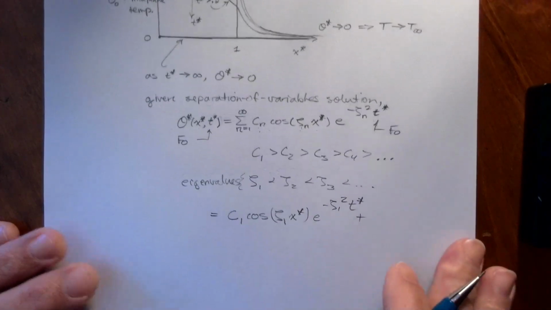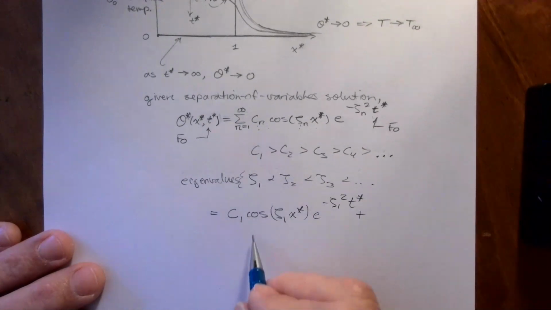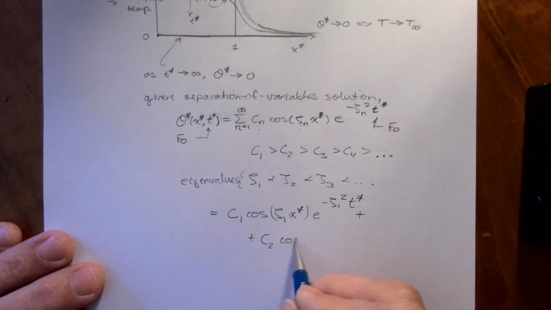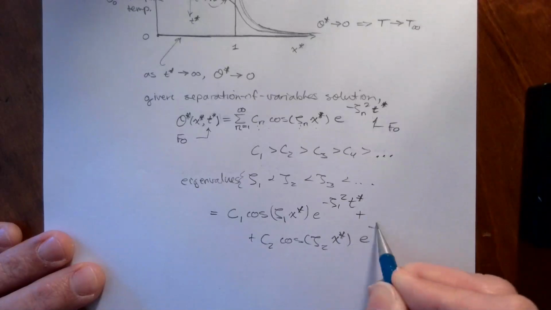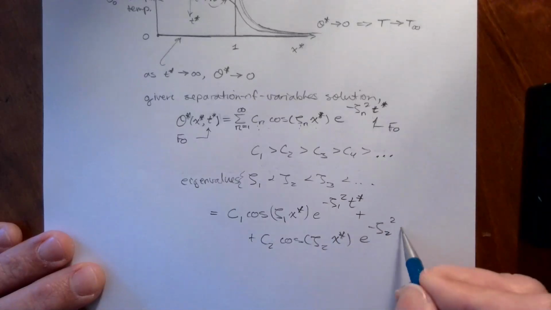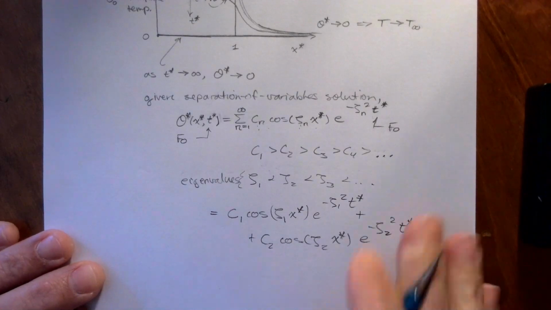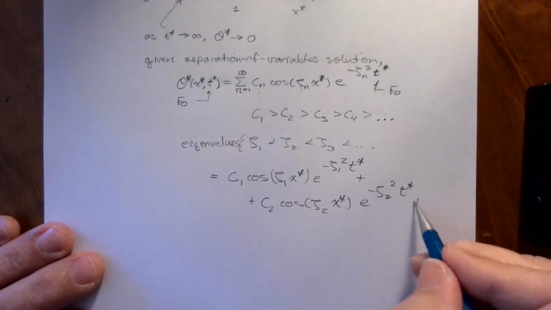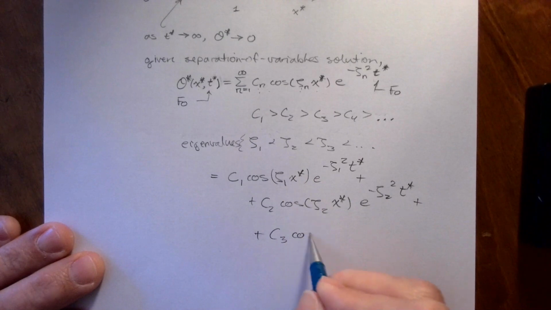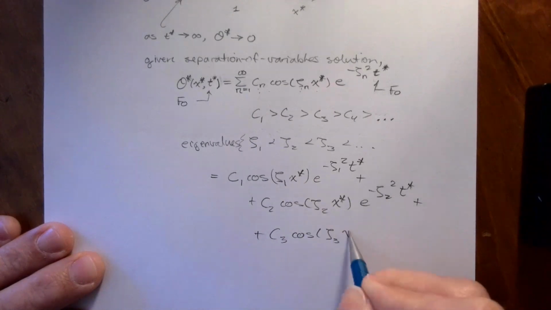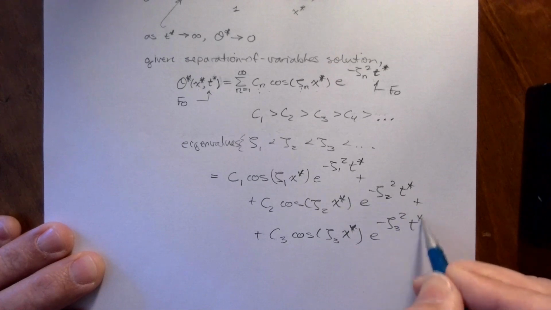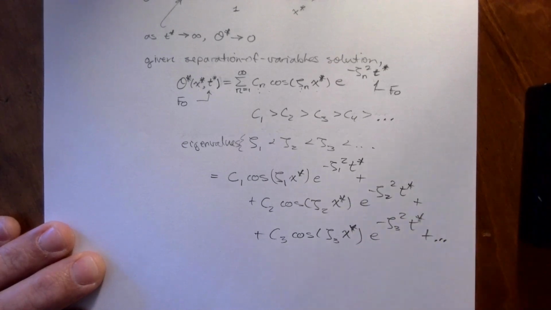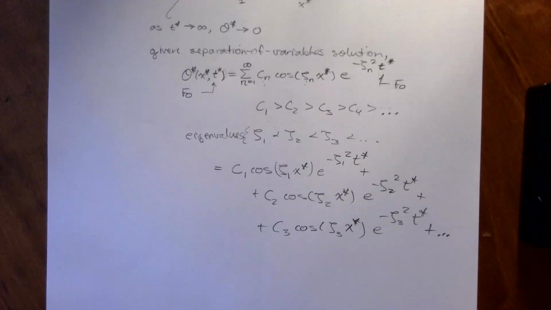Plus the next term, I'll write it down here, C2 cosine zeta 2 x star e to the minus zeta 2 squared t star. Plus another term, C3 cosine zeta 3 x star e to the minus zeta 3 squared t star, plus dot dot dot. So that continues out to infinity.